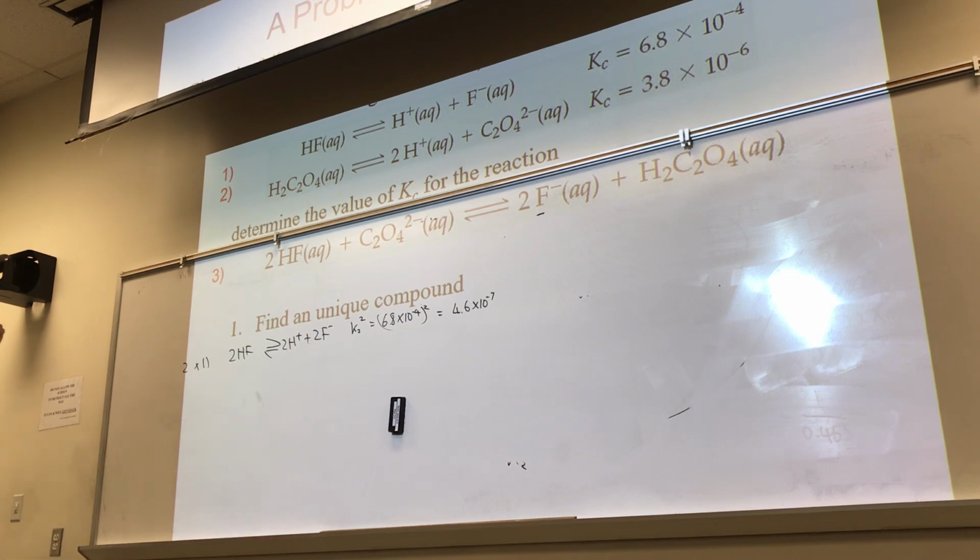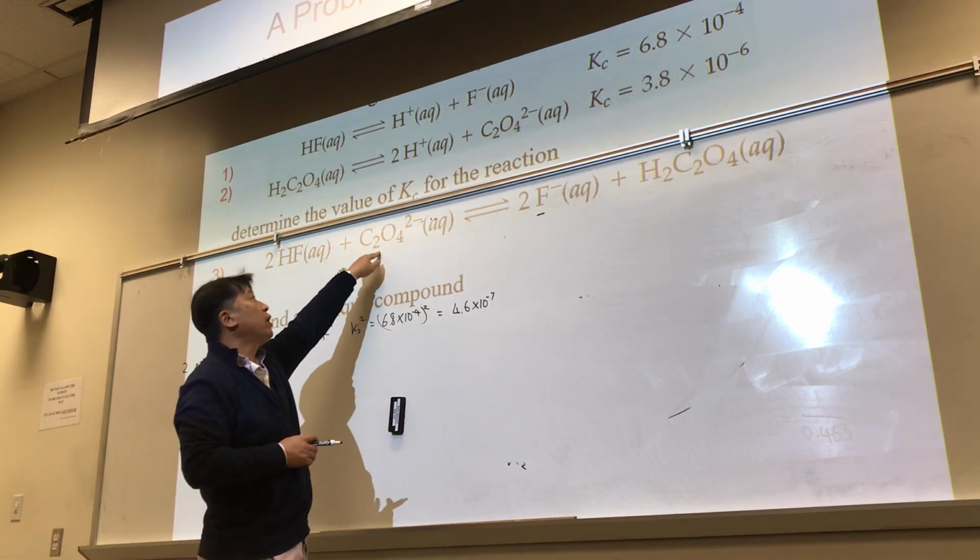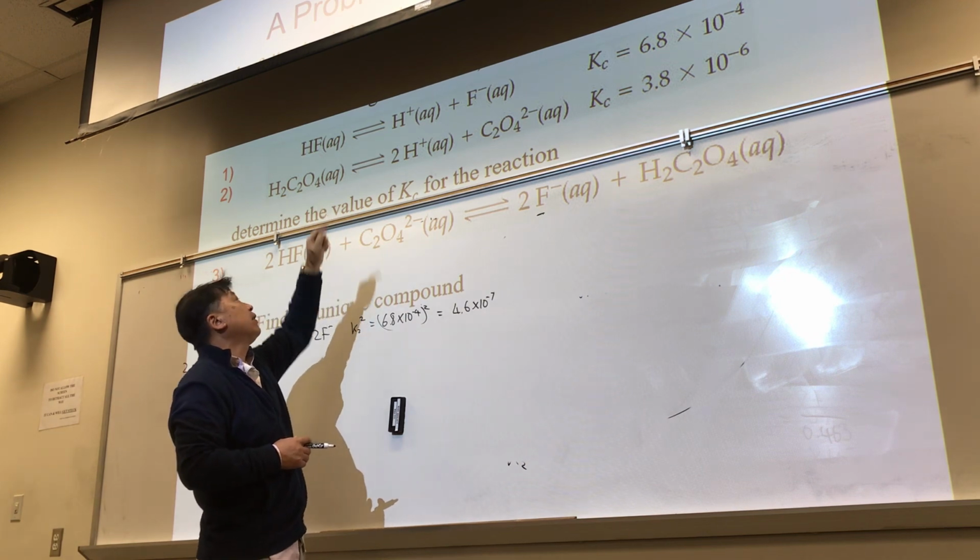Between equation 2 and 3, do you see something that is common but does not appear in equation 1? It is the H2C2O4. So this substance is in equation 2 and 3, but not in equation 1.